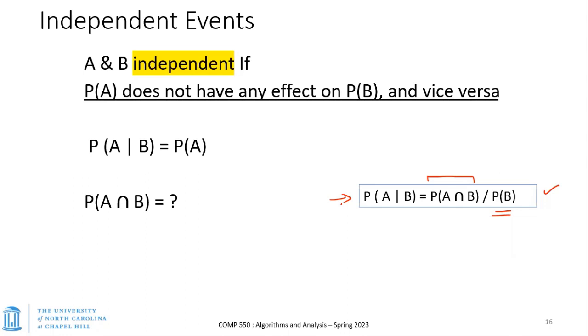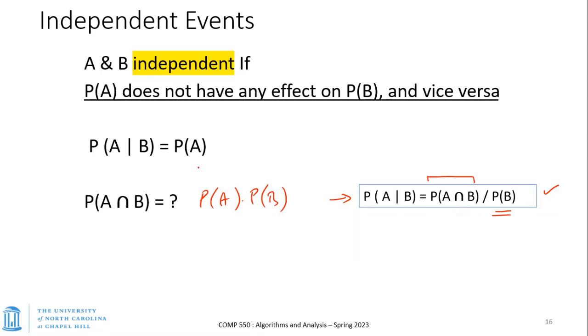What's the probability of the intersection of A and B, that is, that both of these events have happened, given that they're independent? Okay, very good. It should simply be the probability of A times the probability of B.